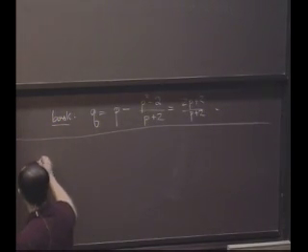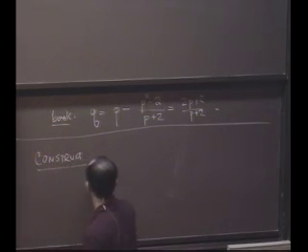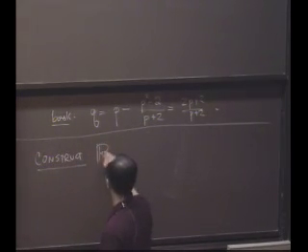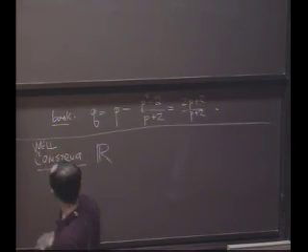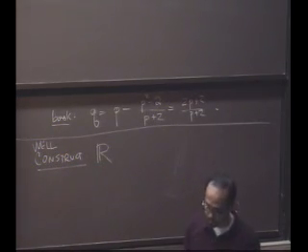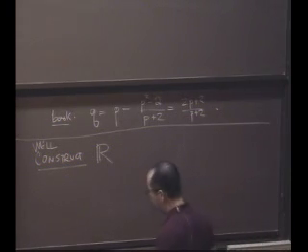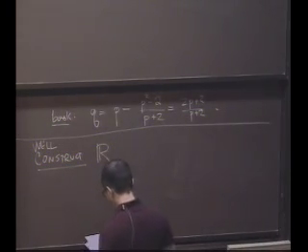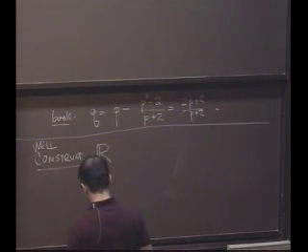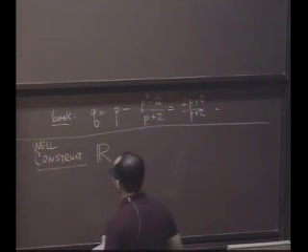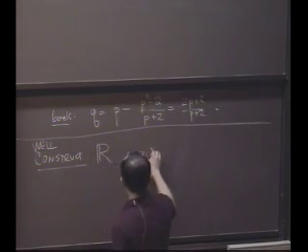We're going to construct R. We'll construct R only involving rationals, and we'll do so in such a way that it'll be obvious that it has what's called the least upper bound property. Okay, so we'll construct R and then prove.